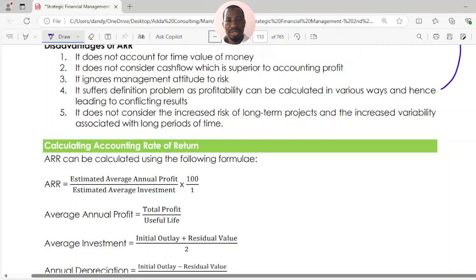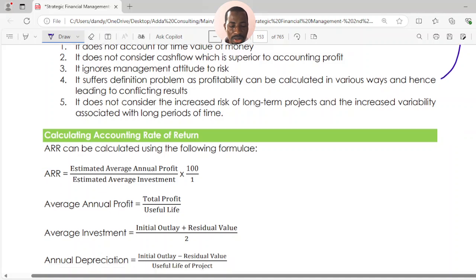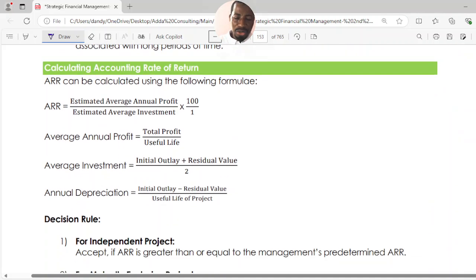Calculate annual depreciation because you are going to need it, especially if you are given cash flow in the question. I've done this previously under payback period. Annual depreciation is the initial cost of the project minus scrap value divided by the useful life of the project.